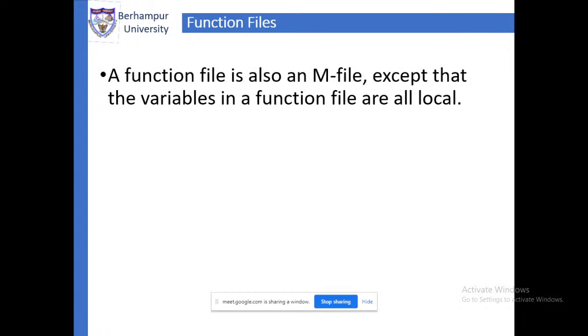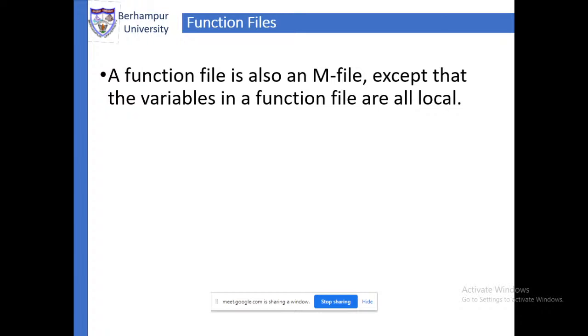This file is also an M file, which means it also has a .m extension, except that the variables in a function file are all local. That means the variables within this function file are local to the function file.